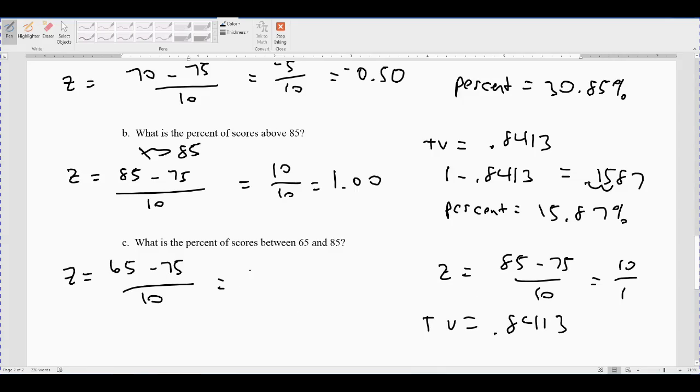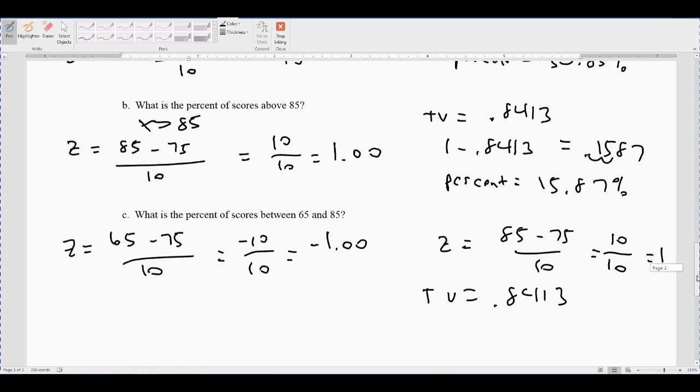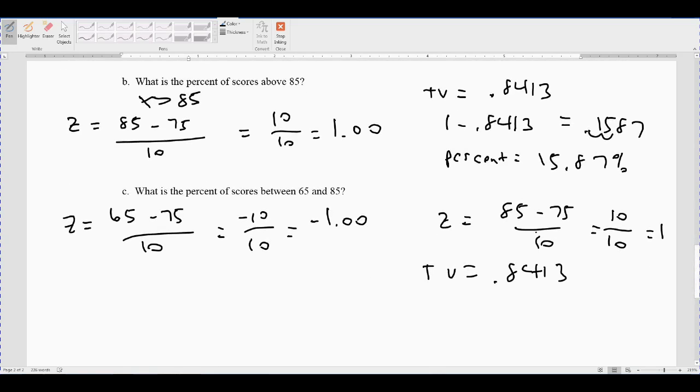Now this one is negative 10 over 10, which is negative 1.00. I can't read that. Negative 1.00.